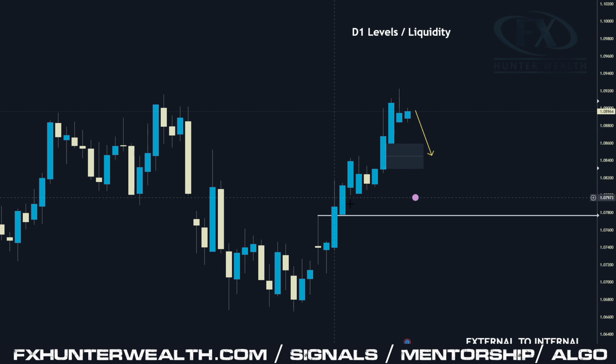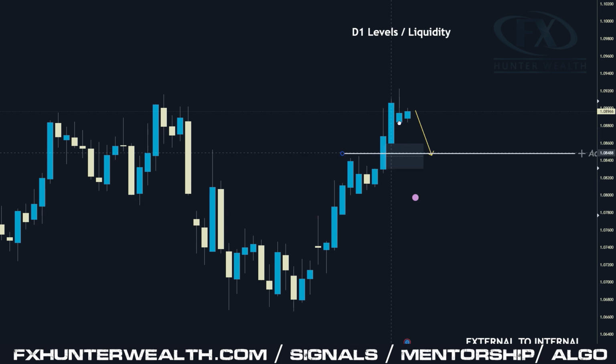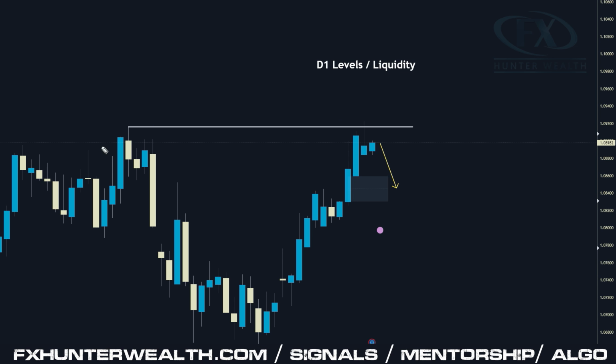So basically, this is a previous month high, from the June high, right? And also Friday's highs, which is also the previous week's high, and the price has closed below it, right? So most likely it's time to go for the internal liquidity, right?